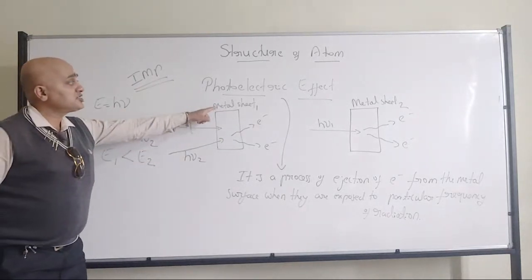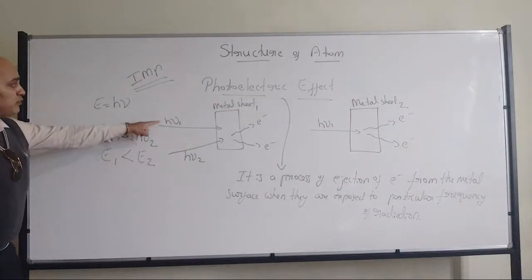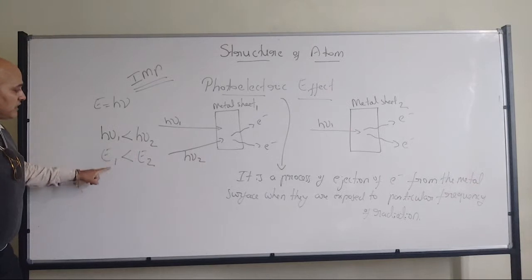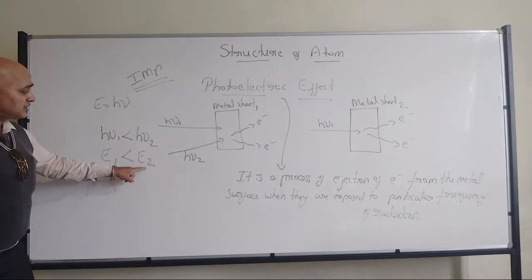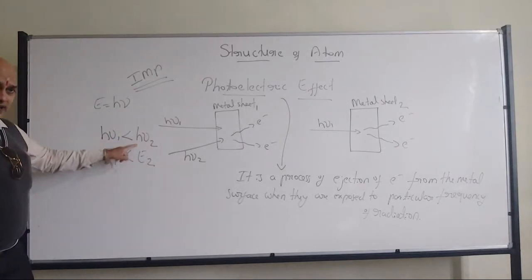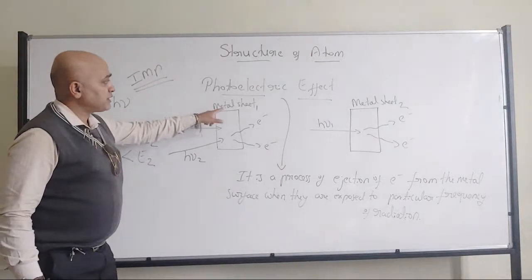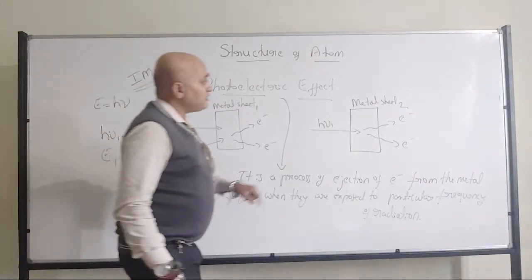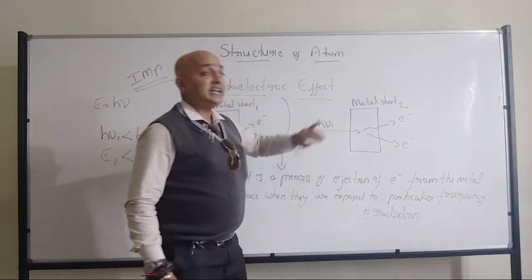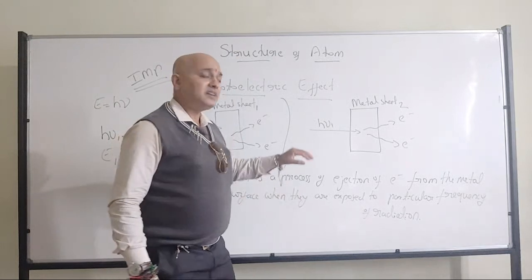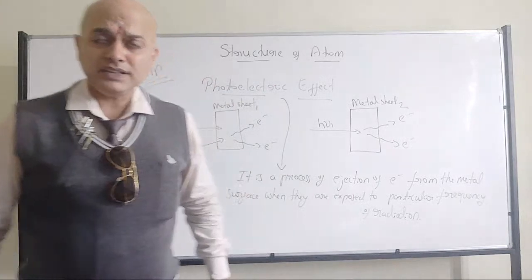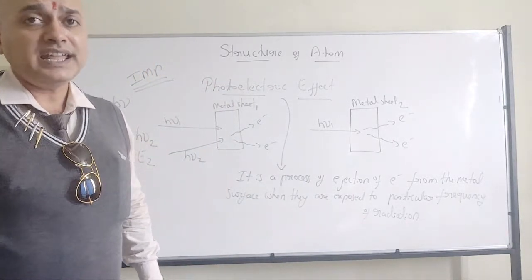Here H nu 1 is less than H nu 2, that is, the energy of radiation 1 is less than the energy of radiation 2, because E is equal to H nu, right? That is with respect to metal sheet 1. But when I come to metal sheet 2, even with H nu 1 radiation only, that means even with energy 1 only, there can be emission of electron, or ejection of electrons, will take place.